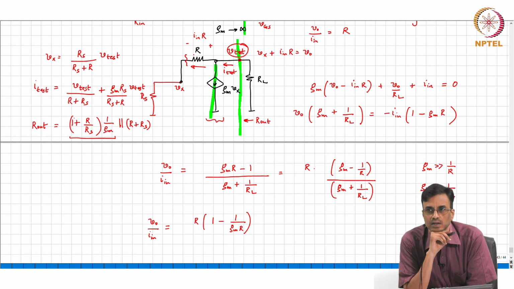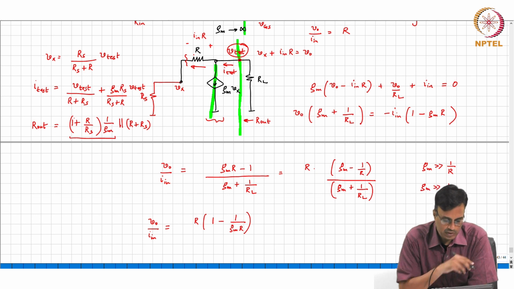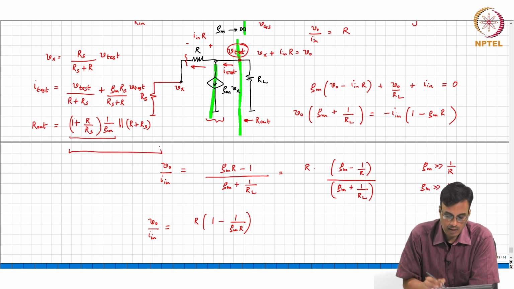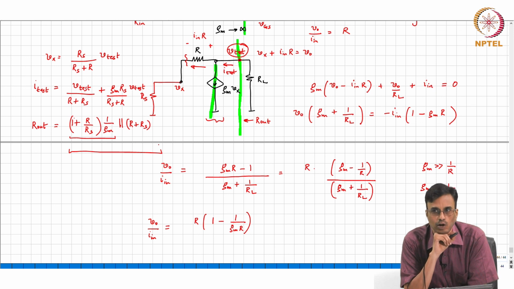Which will be greater? Gm. So, which of these two arms will dominate? In your parallel combination, the current through one path is much higher than through the other path. The Gm path will dominate.